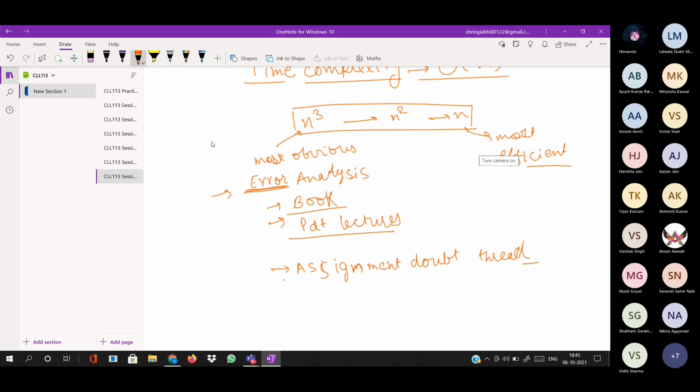So in the report, you have to definitely explain the approach. In addition to this, you have to analyze the time complexity of your code and the error analysis. So three things have to be included in the report. First is your approach. Second is time complexity.